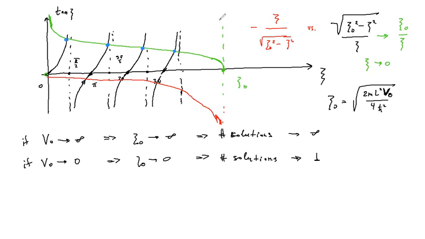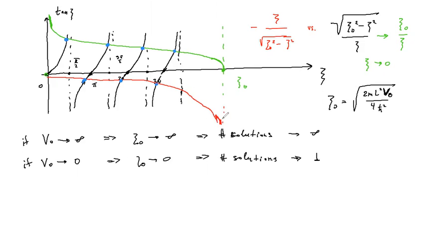This would be the anti-symmetric solution, and I have solutions as well, yeah? So if parameter xi naught goes to infinity, I will have many anti-symmetric solutions as well, yeah?